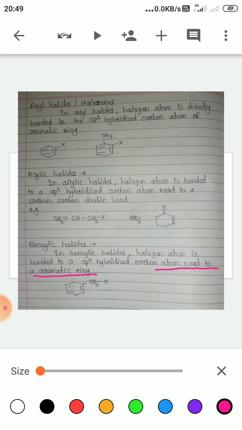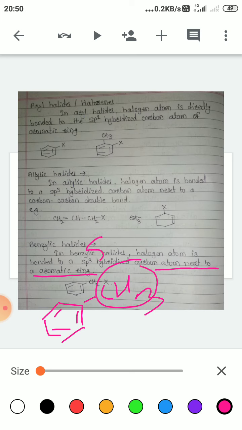Now if we consider a benzene ring, this is an aromatic ring, and if the aromatic ring contains a CH3 group, the carbon atom of this CH3 group is sp3 hybridized, and if we replace any one hydrogen of this methyl group, then we'll get benzene ring CH2X.